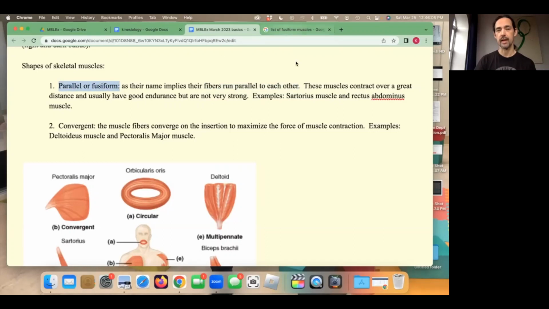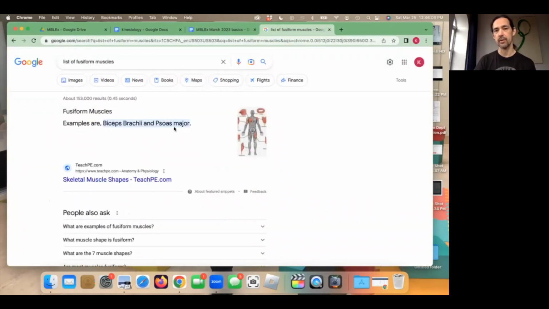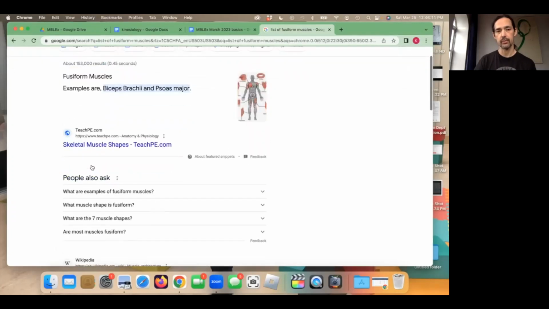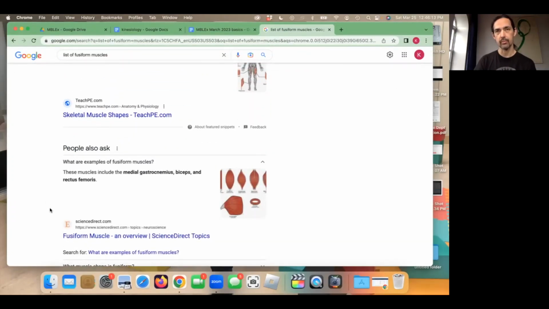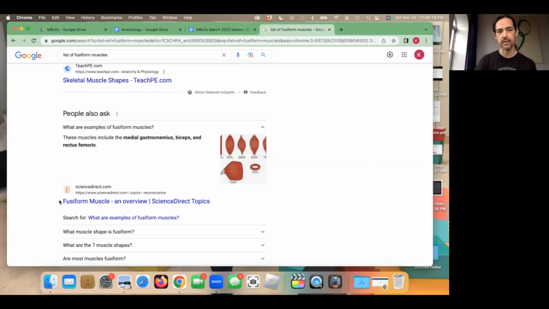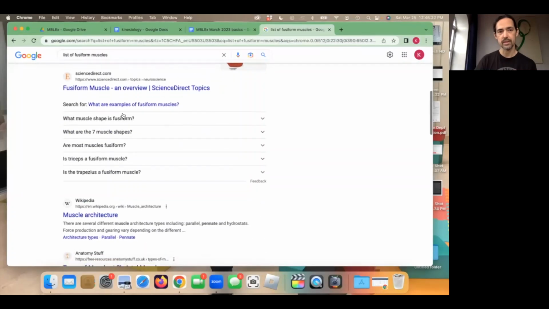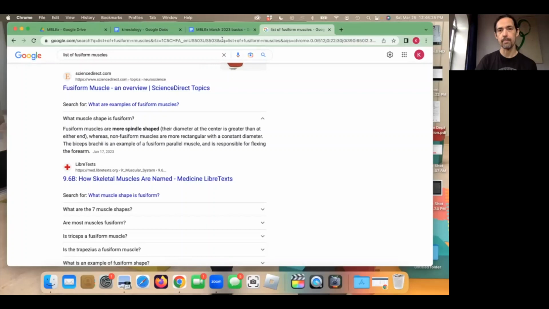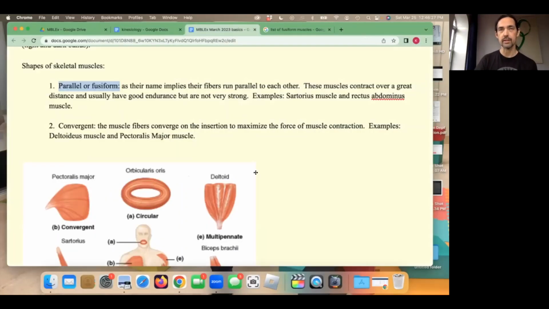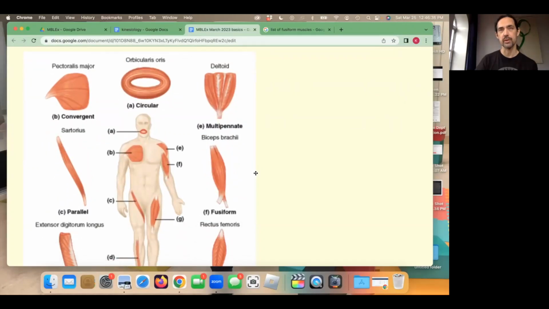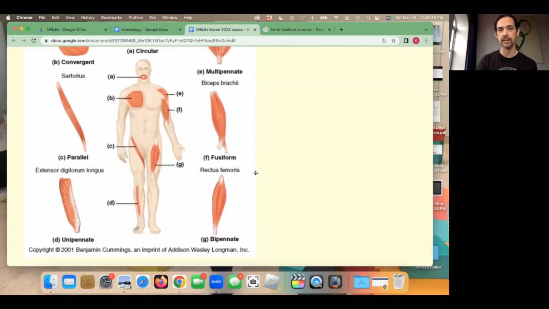The rectus abdominis, biceps brachii, the psoas major, many of the SEG or spinal erector group, the gastrocnemius, the hamstring muscles, gracilis muscle, sartorius muscle, probably the pectineus muscle, psoas. Okay, anyway, you guys get the idea, right?